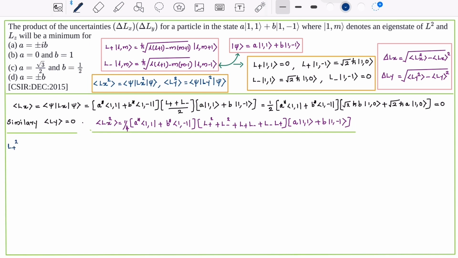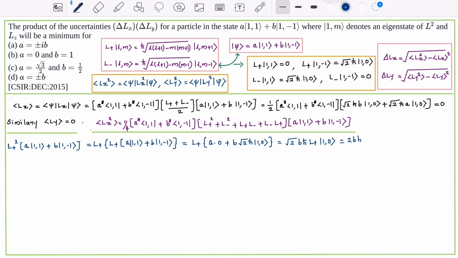First, let us find L plus square acting on A|1,1> + B|1,-1>. This is nothing but L plus acting on L plus (A|1,1> + B|1,-1>), which is L plus acting on A times 0 plus B root 2 h bar |1,0>, that is B root 2 h bar L plus |1,0>, that is equal to 2B h bar square |1,1>.